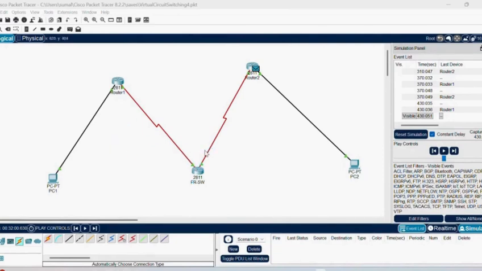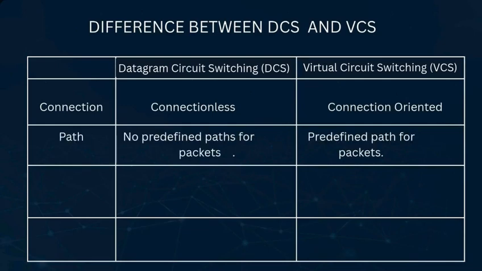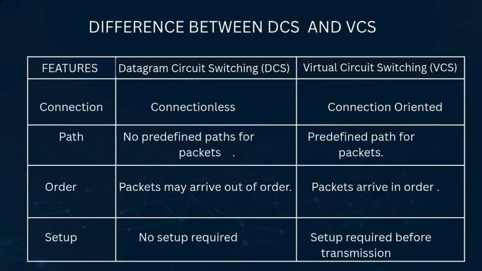Frame relay is a wide area network, that is WAN, protocol that operates at the data link layer, layer 2 of the OSI model. It is based on virtual circuit switching, meaning data travels through logical paths, virtual circuits established between endpoints before the transmission.